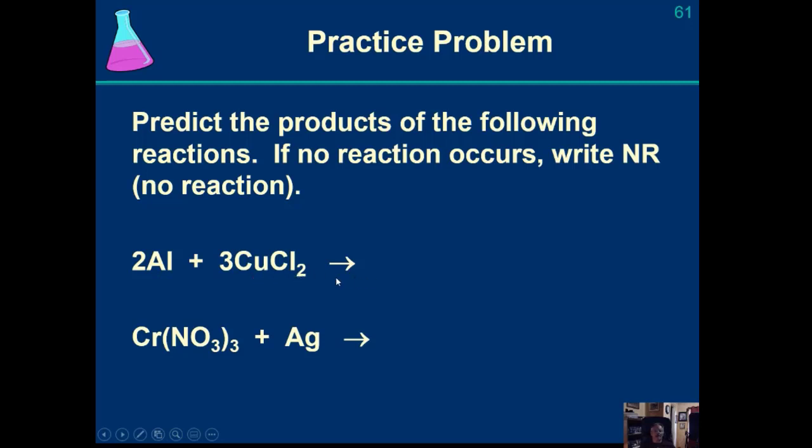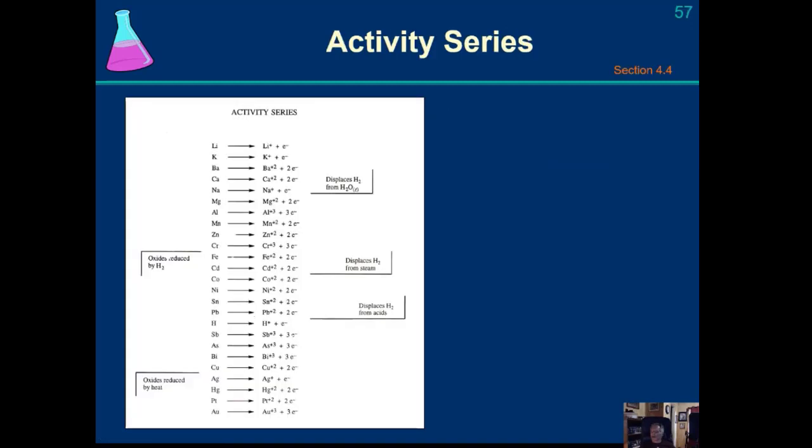So the first thing we want to do is look at the activity series. So here's the activity series. We're going to take a look at aluminum, and copper is way down here. Well, aluminum is a much more active metal.